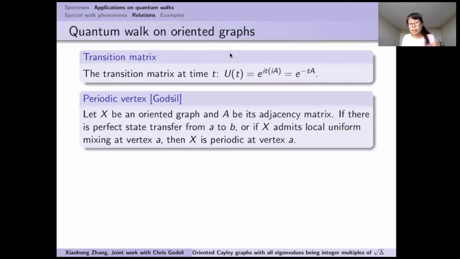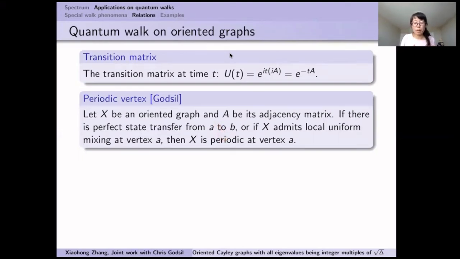We talked about perfect state transfer, periodicity, and local uniform mixing. These phenomena are related. So Chris proved that if we have an oriented graph, and there is a perfect state transfer or local uniform mixing involving the vertex A, then the oriented graph is periodic at vertex A. For the unoriented case, only PST implies periodicity.